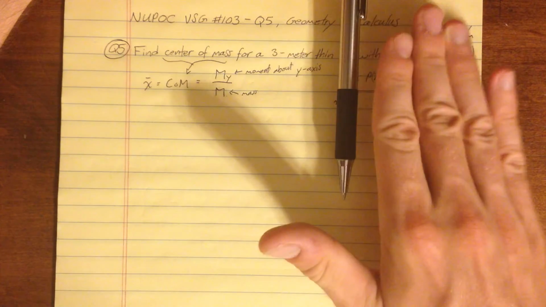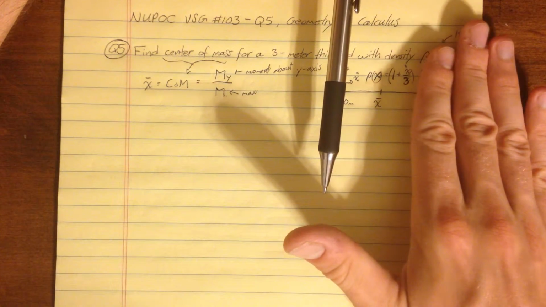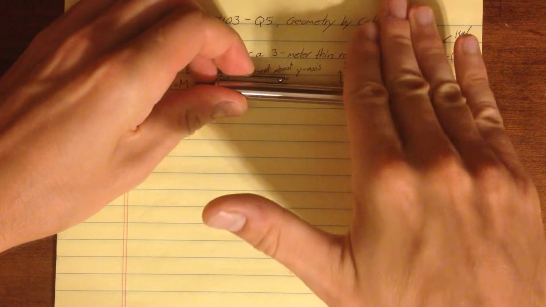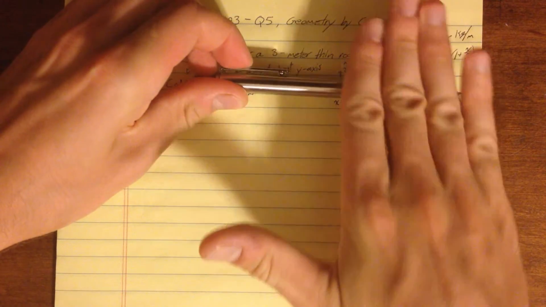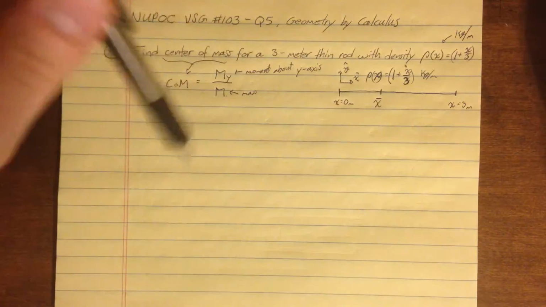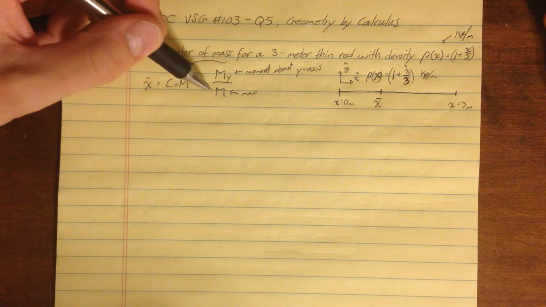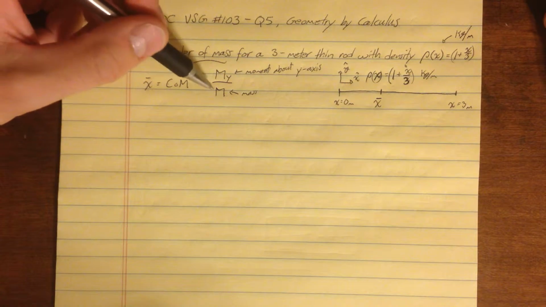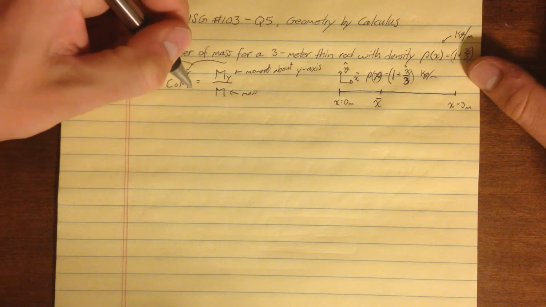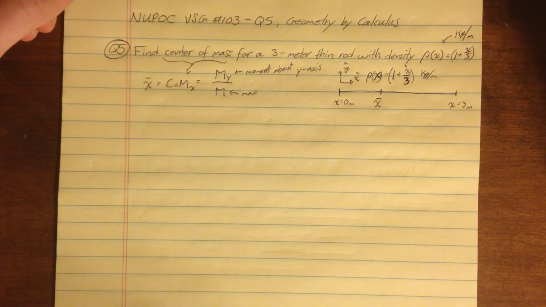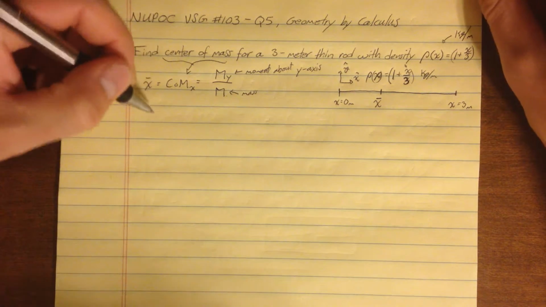Conversely, if I wanted to find the y-center of mass, I would be concerned with how the shape teeters on the x-axis. So that's why we use the moment about the y-axis when we're looking for the center of mass in the x direction.